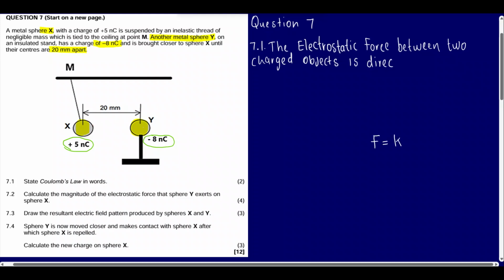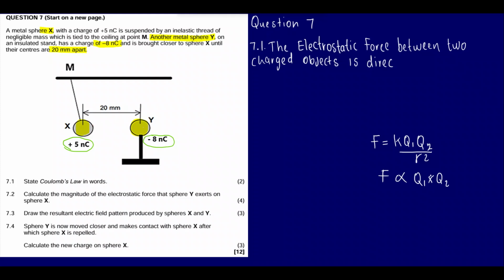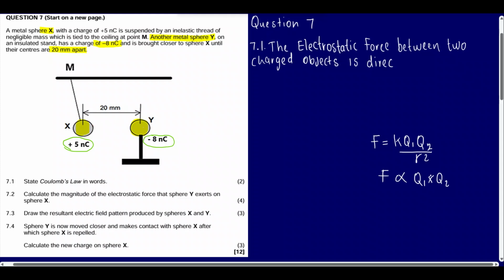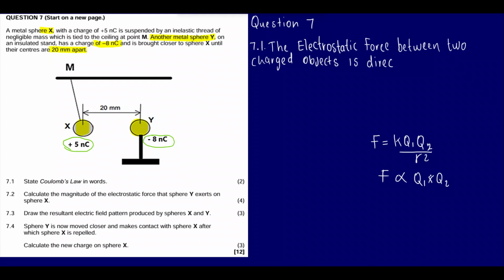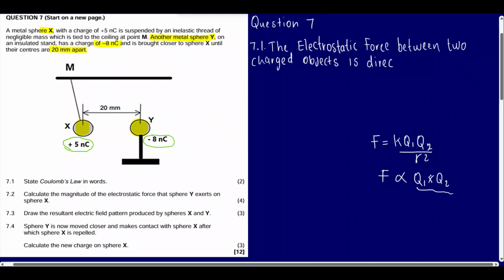So if you look at this formula, F equals k Q1 Q2 over r squared, you can see that the force here is directly proportional to the product of the two charges. By product we mean when we multiply the two amounts of charge, we get that the force is directly proportional to the product of those two charges, right?